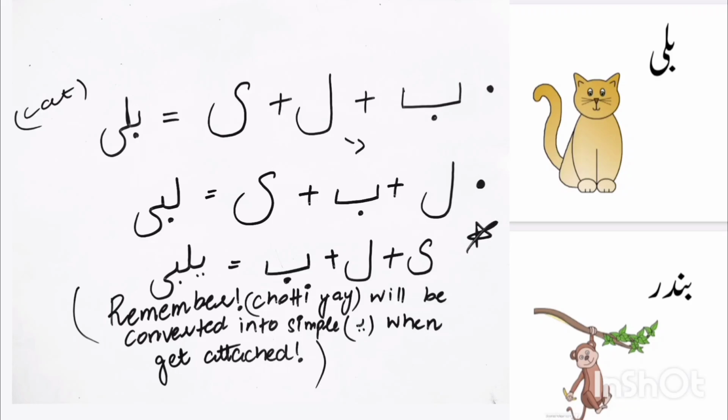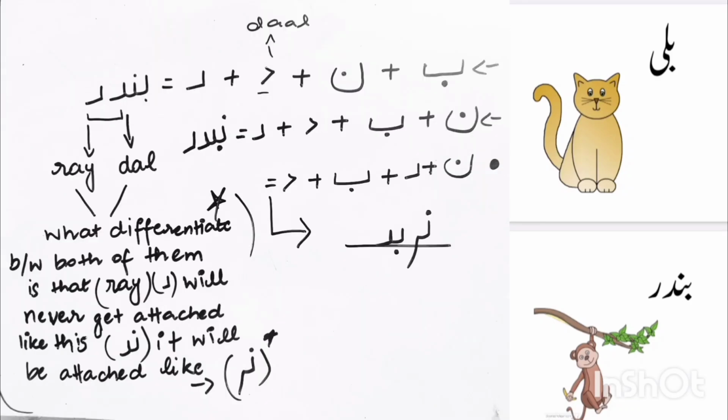The next word we have is bandar. Monkey is known as bandar in Urdu. Now you can see that in digital form, dal and re look almost the same, though you can differentiate between them.